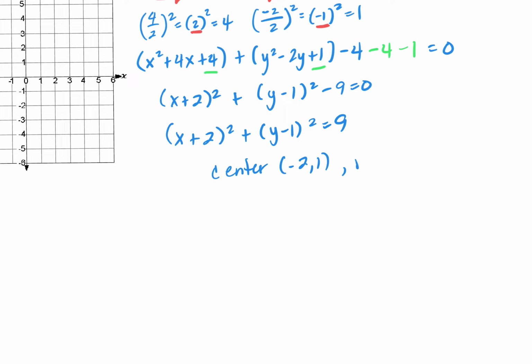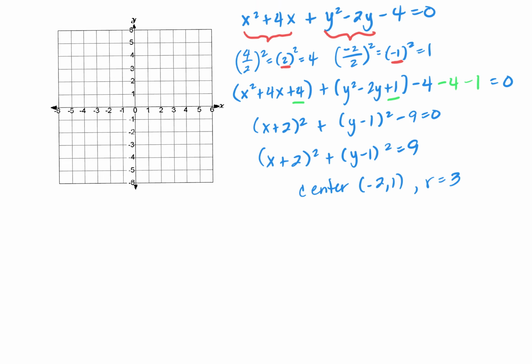The radius, r, is 3. And I'm done. I go to negative 2, positive 1, and then go 1, 2, 3 out from my center and draw my sad looking circle. And that's it for this section.